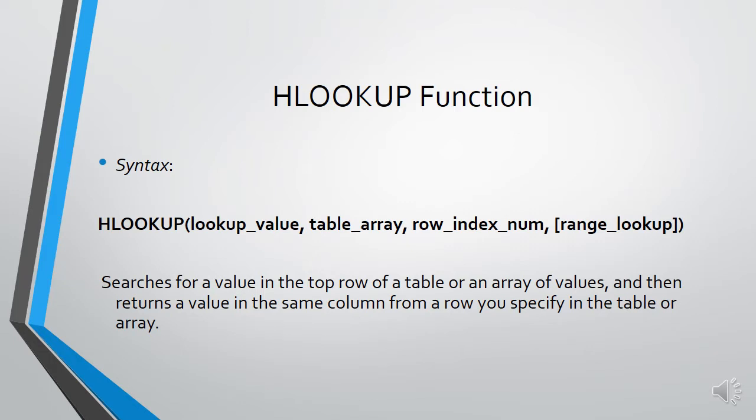And then you can specify the row index number of the output where you want the feedback to come from, which is on the other table. Every parameter in square brackets is optional in Excel.